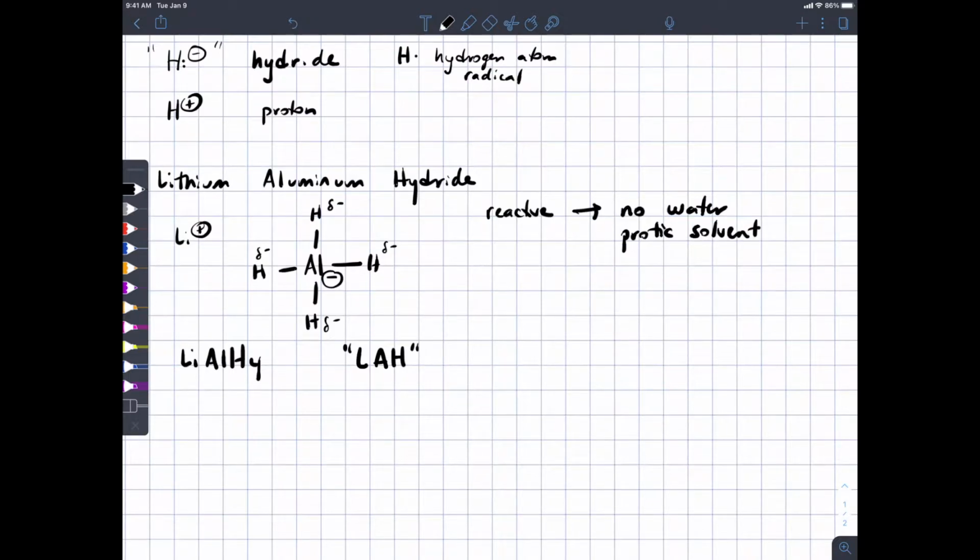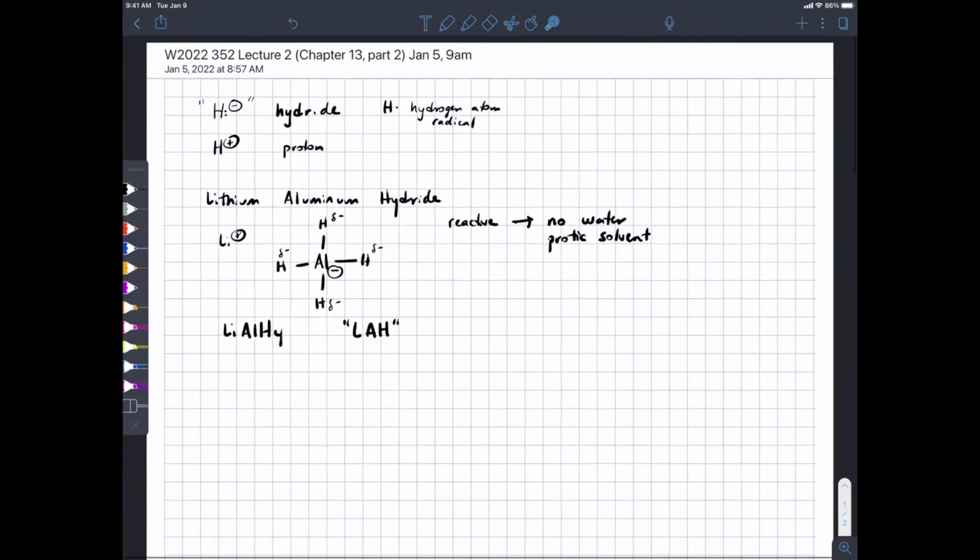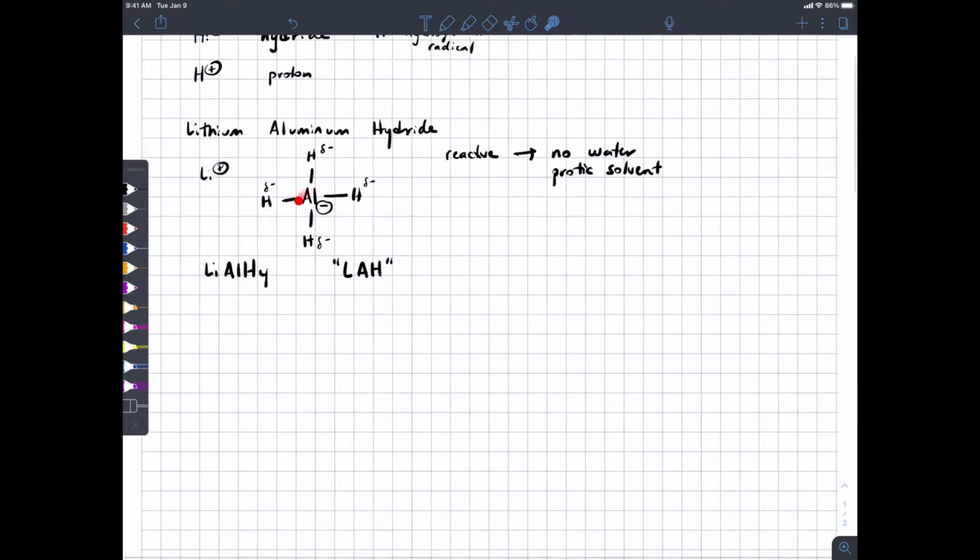In water, a hydride comes off aluminum, removes a proton from water, makes hydrogen, and the reaction's so exothermic that you can start a fire or an explosion. So you have to be careful with lithium aluminum hydride. And that has to do with the difference in electronegativity between aluminum and hydrogen.